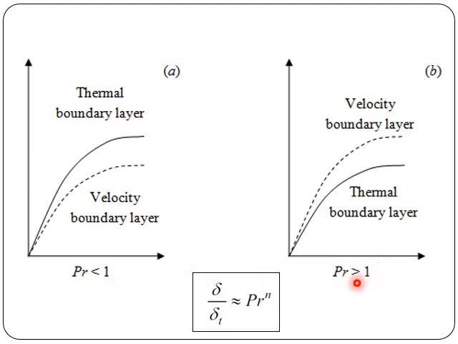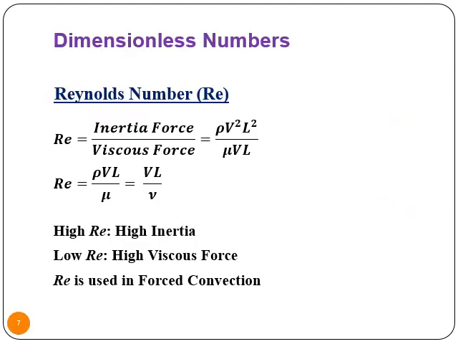And the other case is where you have Prandtl number greater than 1. There you can say that the fluid is more viscous and less conductive. So with this, we will now go through different dimensionless numbers which are used in analyzing the convection process.